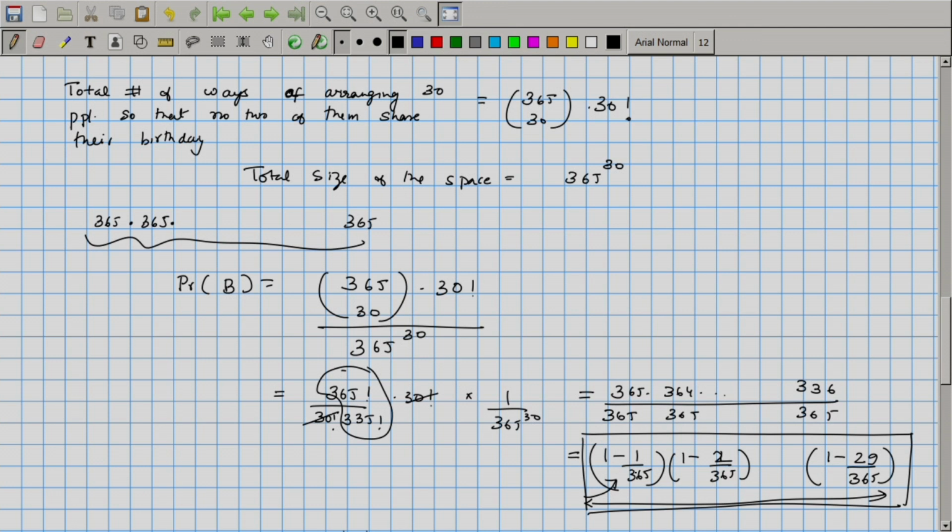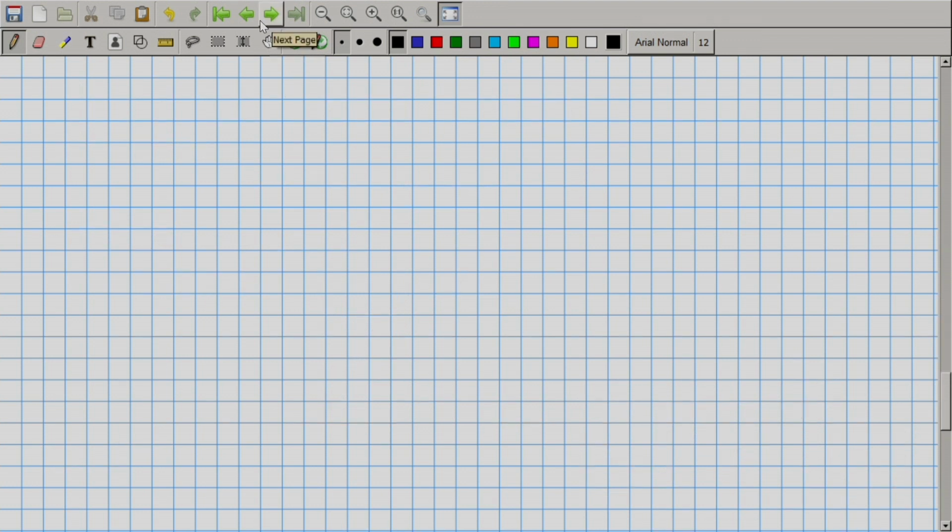Now, we need to estimate this, and think of this as a balls and bins problem. We had 365 bins and the balls were people, and we have to throw them into these 365 bins so that no two people share the same birthday. So, let us say we have m people and n birthdays, and we want no two of them to share the birthday.